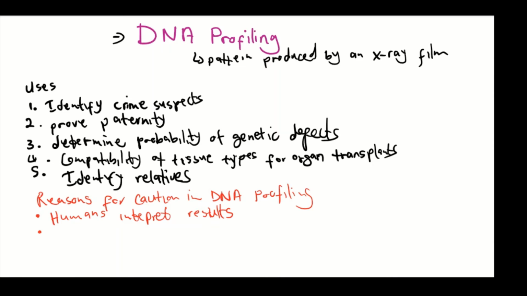The DNA profile is expensive and therefore not readily accessible to those who cannot afford it, particularly in crime cases. And the last reason is DNA profiles may reveal information about a person which could be used against them in a prejudicial way. So these are the reasons why we need to be cautious with DNA profiles.